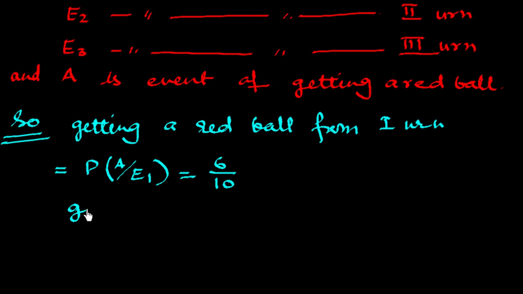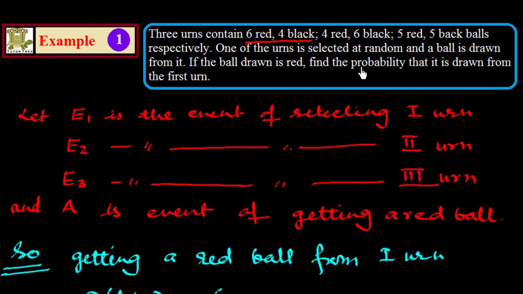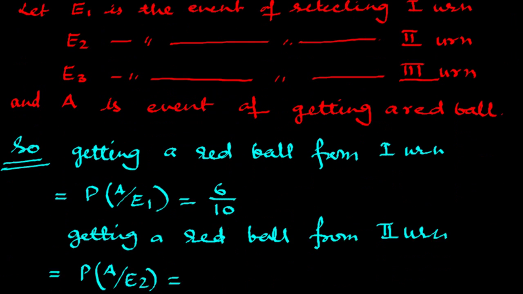Now getting a red ball from the second urn is equal to P of A given E2. In the second urn there are 4 red balls and 6 black balls. The total number of balls is 10 and the red balls are 4. So 4 over 10 we write here.